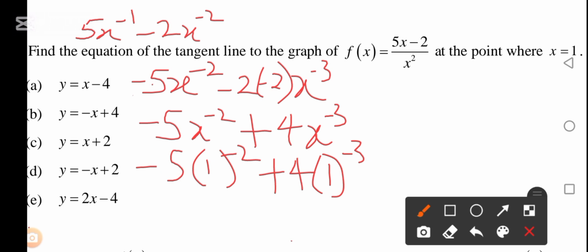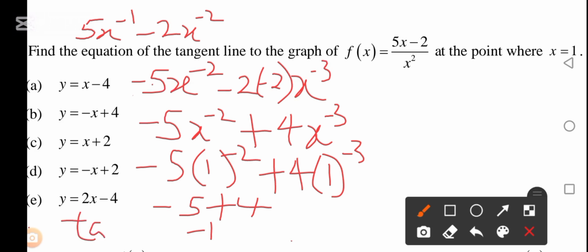Finally, this is going to be minus 5 plus 4, which is equal to minus 1. So we have seen that the tangent of this function, the gradient, is negative 1. Let's take note of that.